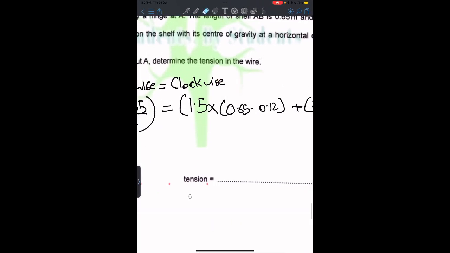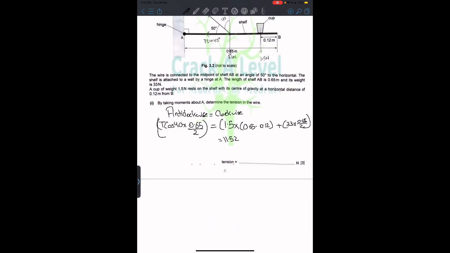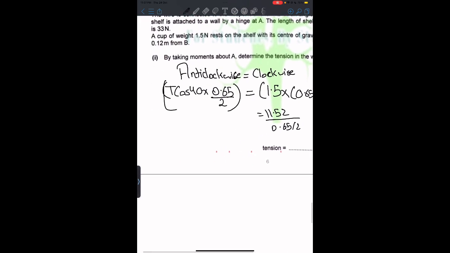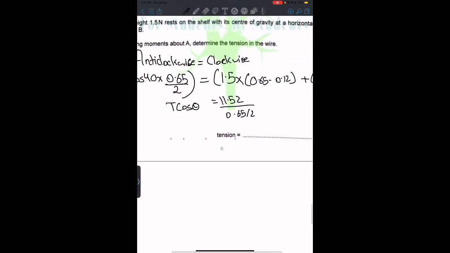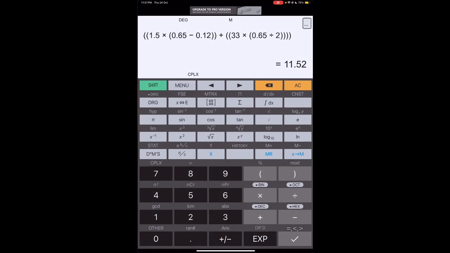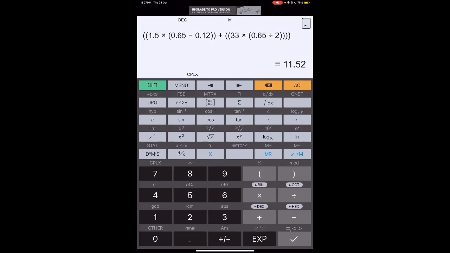I'm getting the clockwise moment to about 11.52, and then I'll divide this by 0.65 divided by 2. So I'm left with T cos theta, and I need to find the value of T. I know that theta is 40, so after finding this, I will further divide it by cos 40. 0.3, 0.325.